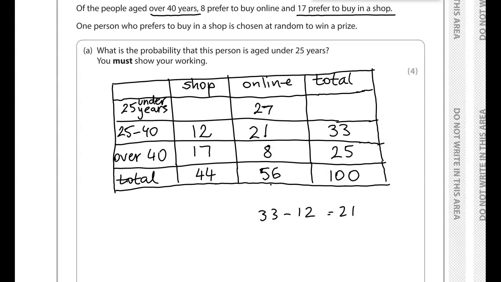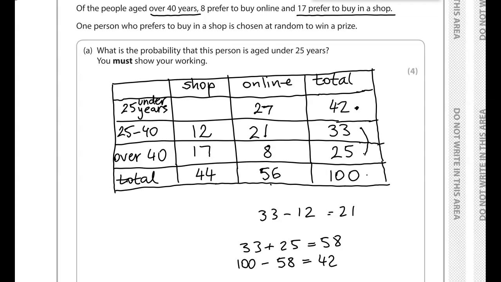Now, this and this and this together should give us 100. So these two together, 33 and 25, that makes 58. If I take that away from 100, it should give me the missing value here. So 100 take away 58 gives me 42.